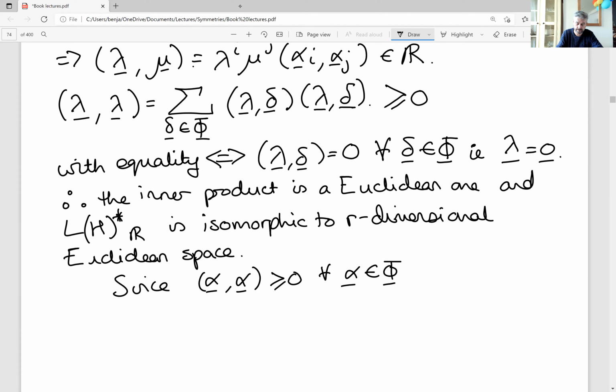So I should just say we're going to use familiar results in Euclidean space.